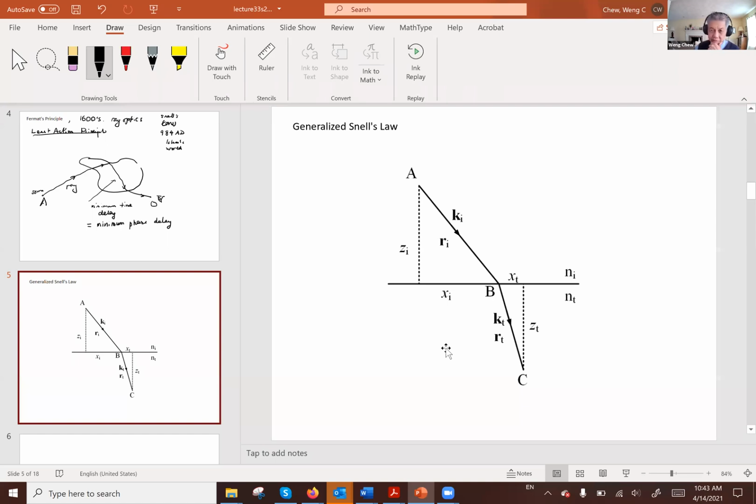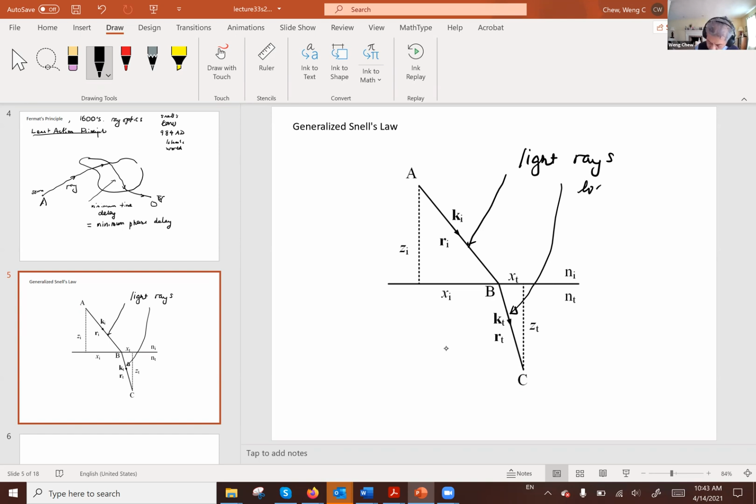Light rays can be thought of as plane waves. This is a light ray, and you can have another one here. You can think of them as being locally plane wave.